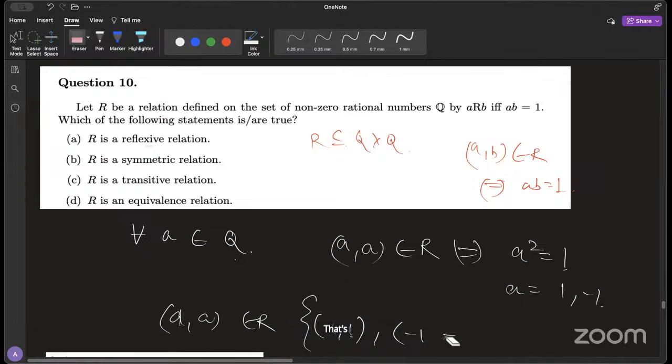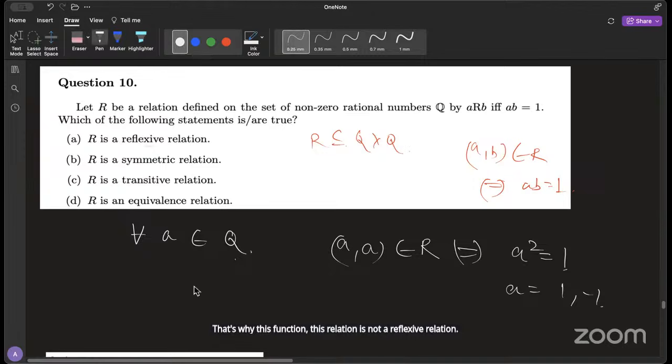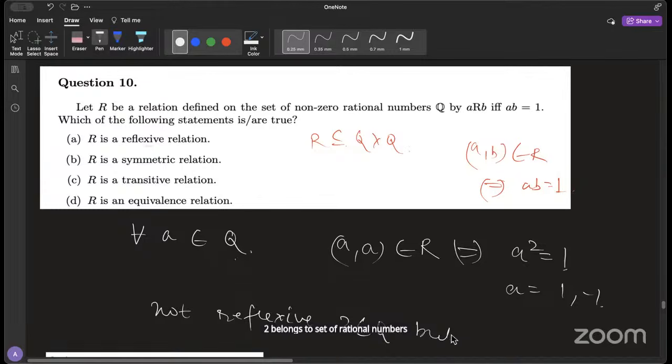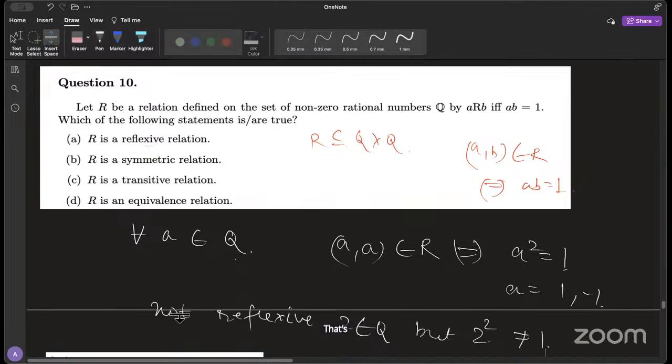That's why this relation is not reflexive. You just need one counterexample: take (2, 2). 2 belongs to the set of rational numbers, but 2 into 2 is not equal to 1. That's why it's not reflexive.